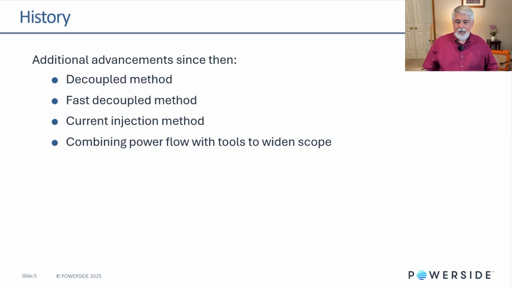Since that time, there have been additional advancements regarding the Newton-Raphson method. Two in particular are the decoupled method and the fast decoupled method. Both perform enhancements so that you produce the solution faster and have to do fewer factorizations of the Jacobian matrix itself.